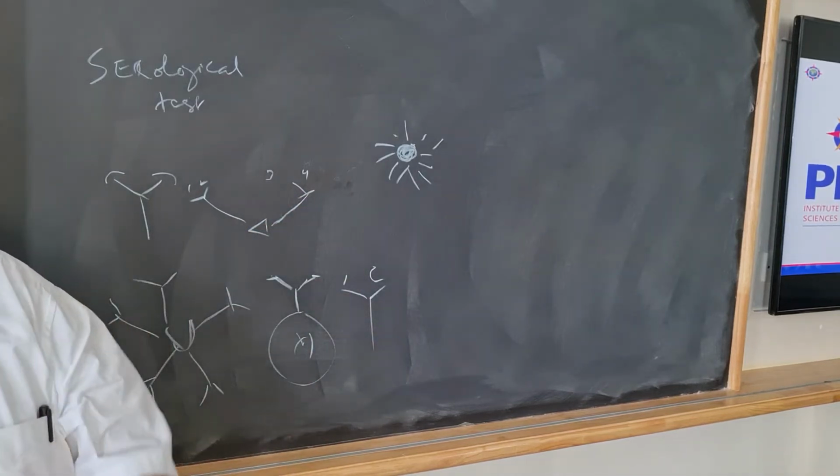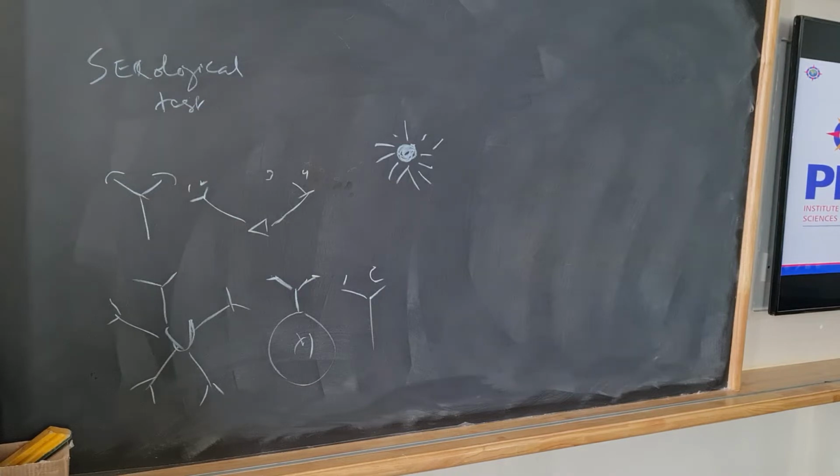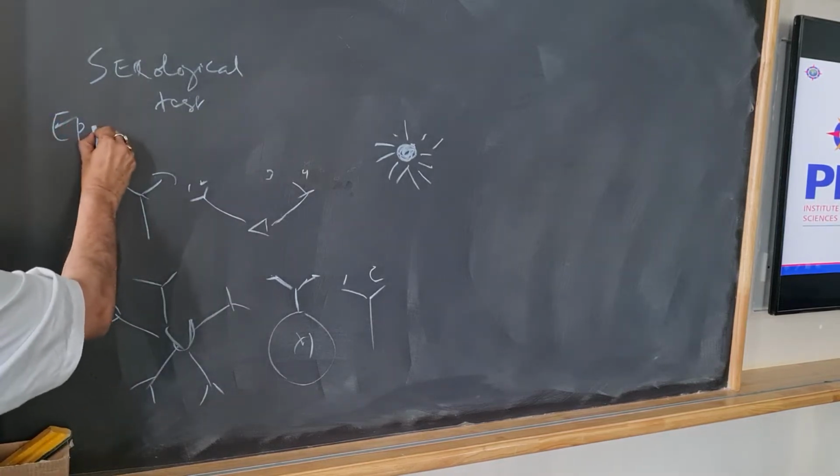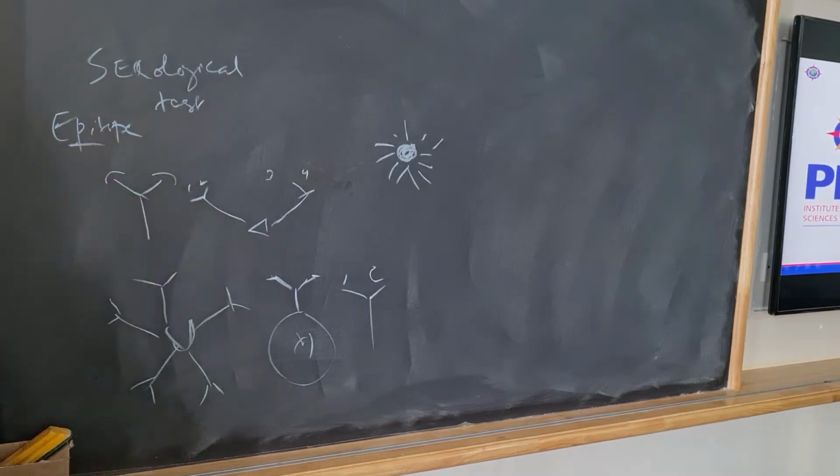So here it is multivalent. It can combine. The site where antigen and antibody combine is called what? Whether it is a park, a classroom, what is the name given?